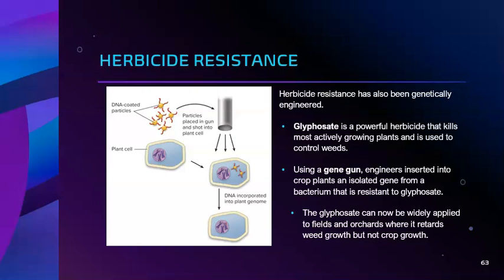Using a gene gun, engineers have been able to insert a gene into crop plants from a bacterium that is resistant to glyphosate. So they took that gene from the bacteria, they put it into these plants, and now they can spray their whole field, and their target crops are not going to be affected by glyphosate, but all of the weeds who don't have this protection gene from bacteria are going to die.